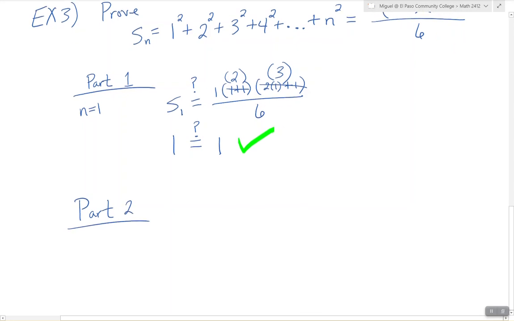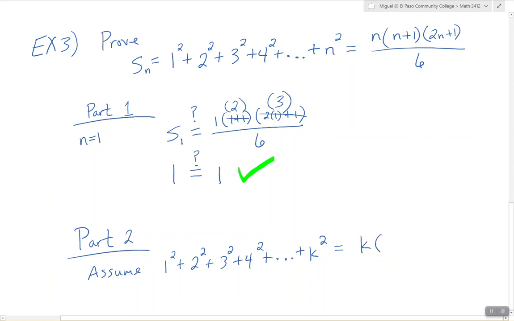All right, so part 2 is we assume that S sub k is true, and then we show that S sub k plus 1 is true. So we'll assume that S sub k would be this sum, all the way to k squared, is equal to k times k plus 1 times 2k plus 1 all over 6.